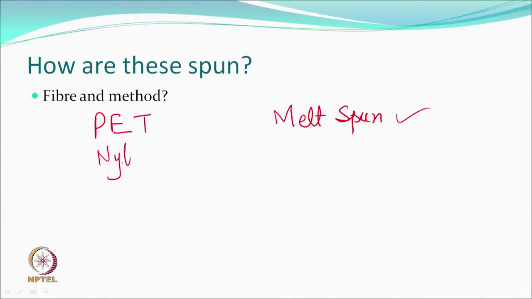What about nylon 6? There is another one which is also nylon 6,6. How are they spun? They are also melt spun, all right. What about polypropylene? This is also melt spun, right.